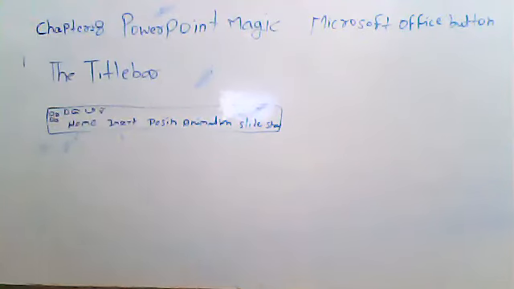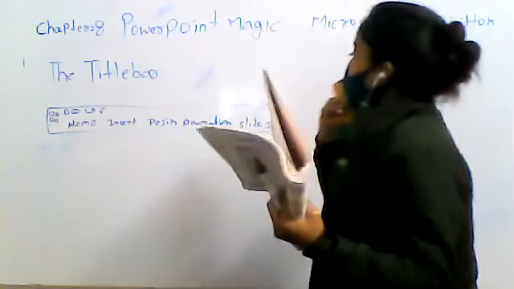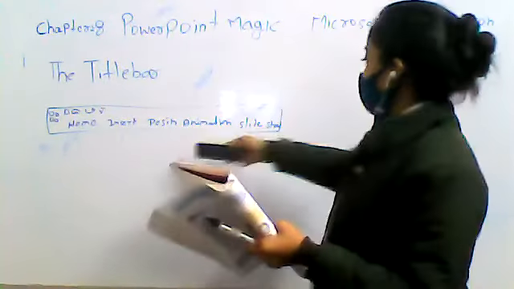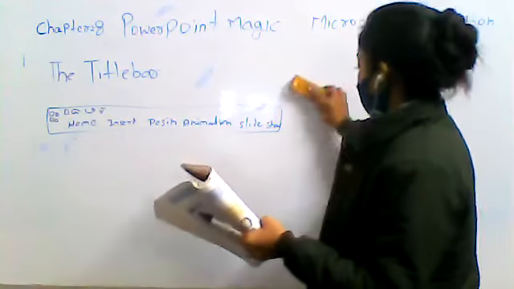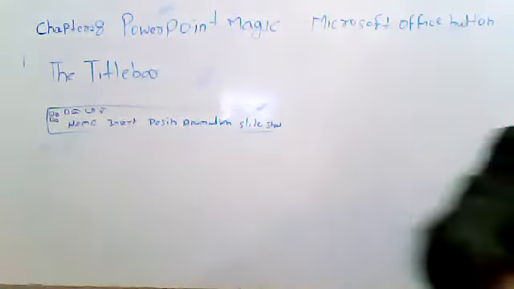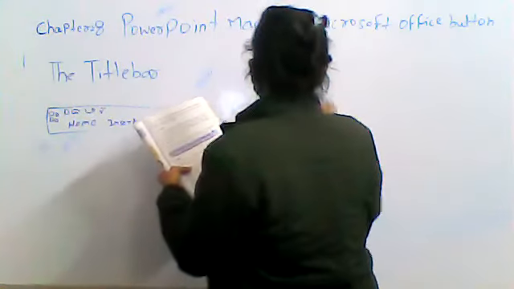There are 7 main tabs. First, home. Second, insert. Third, design. Fourth, animation. Fifth, slideshow. Sixth, review.